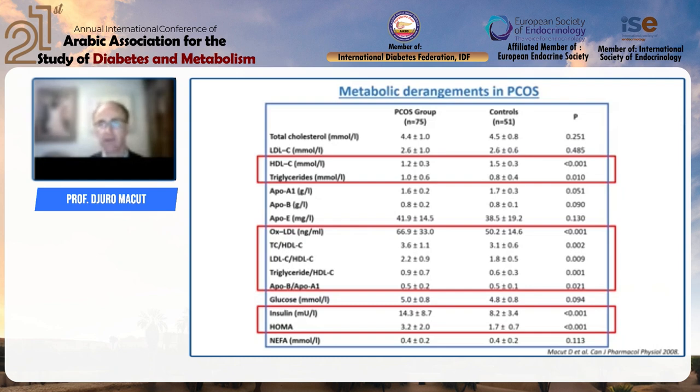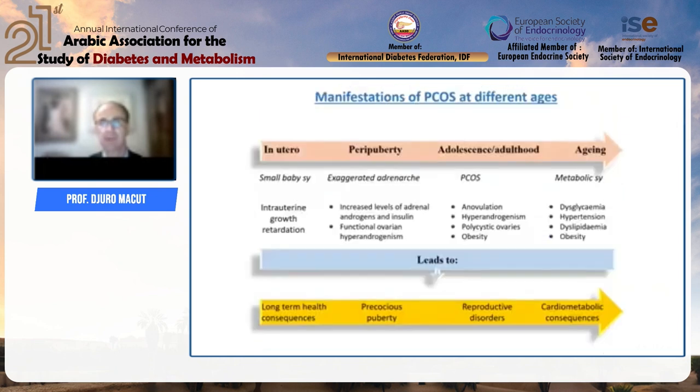So we actually have the pro-atherogenic risk factors quite nicely defined in these women. Therefore, the manifestations of PCOS at different ages really vary, from the exaggerated adrenarche in the peripubertal period to the polycystic ovarian syndrome in adolescence and adulthood, toward the metabolic syndrome with aging, which is characterized by dysglycemia, hypertension, dyslipidemia, and obesity, leading toward cardiometabolic conditions.